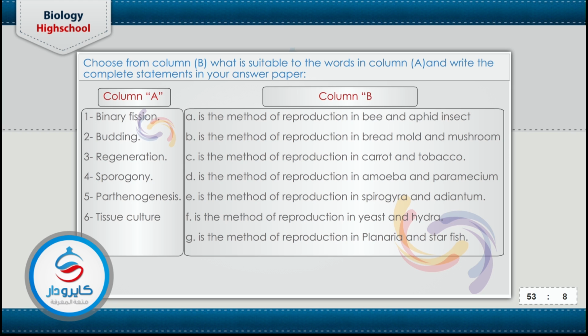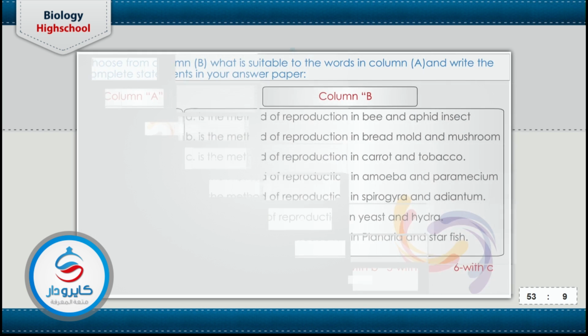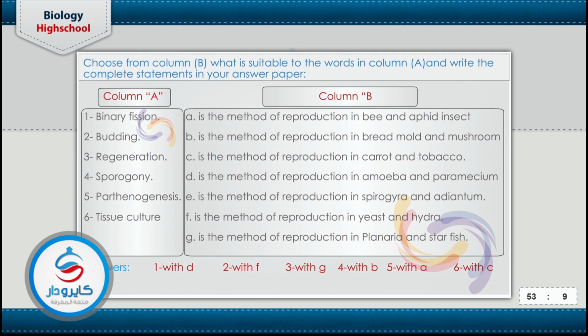Number G, the method of reproduction in planaria and starfish, takes place by regeneration, number 3. So the right answer for column A and column B: 1 with D, 2 with F, 3 with G, 4 with B, 5 with A, and 6 with C.